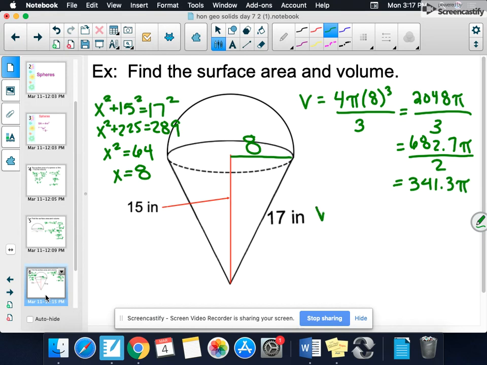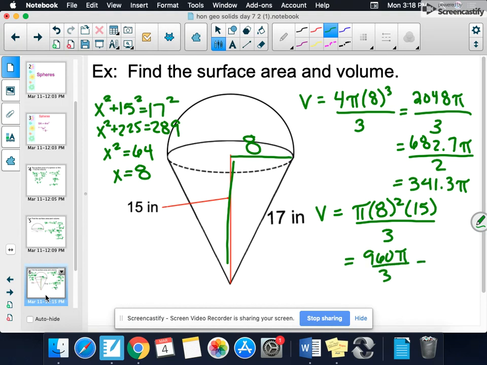Now for the volume of my cone, my formula is pi r squared h over 3. So I'm going to have pi times 8 squared. Remember, I want to use the height going down the middle, so I'm going to use the 15 over 3. So that becomes 960 pi over 3, which becomes 320 pi.